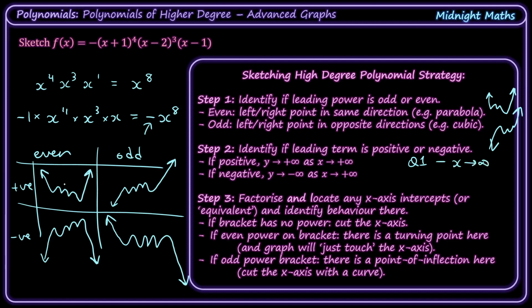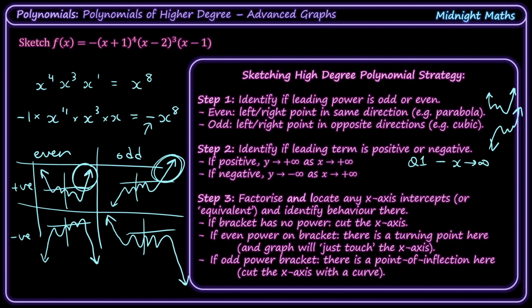This is looking at quadrant 1, which is where x goes towards infinity. So if I imagine each of these on some axes, okay, when x goes towards infinity for the positive one, then you can see y goes towards positive infinity. So that's what this one says here. When x goes towards infinity, if the graph is positive, it's going towards positive infinity in the y direction.